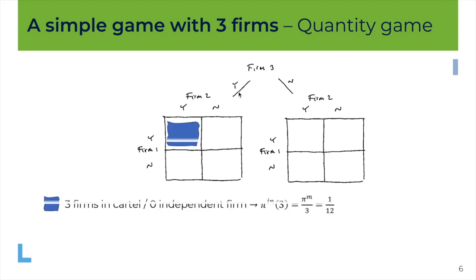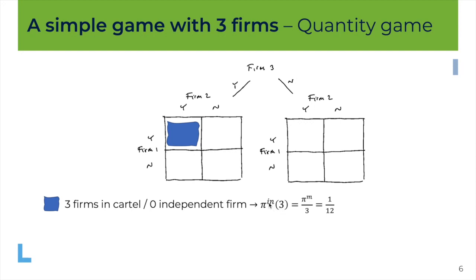Okay, and in this case, they form a cartel with three firms, and there are no independent firm. And what is the profit that each firm will make? Well, together, they make the monopoly profit, and we assume that they divide this monopoly profit equally among them. So each of them makes a third of the monopoly profit, which is 1/12 in our case. And we call this pi in 3.